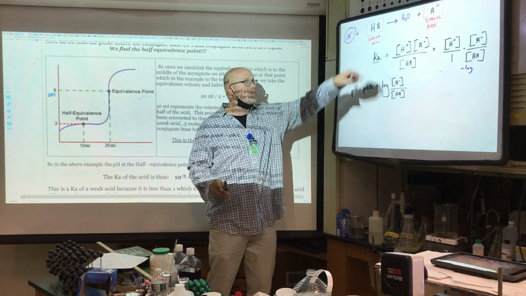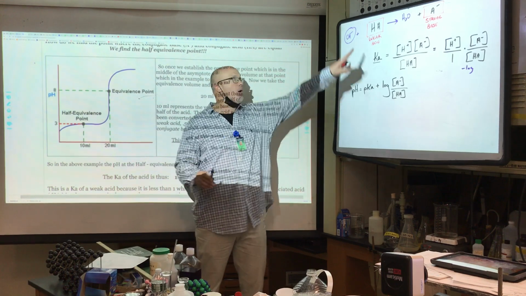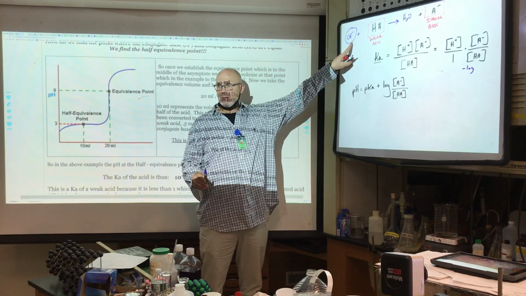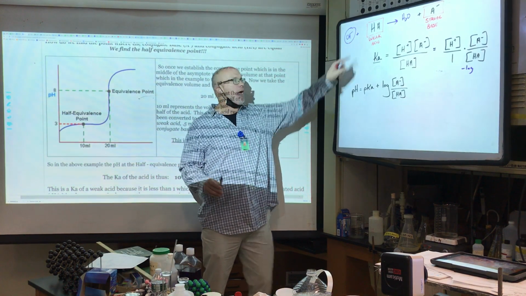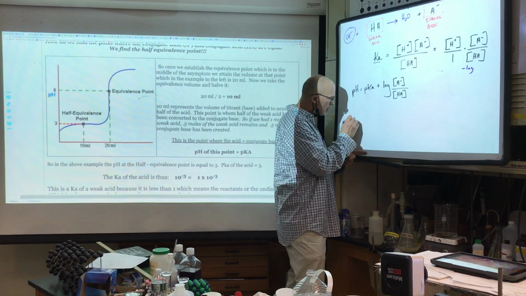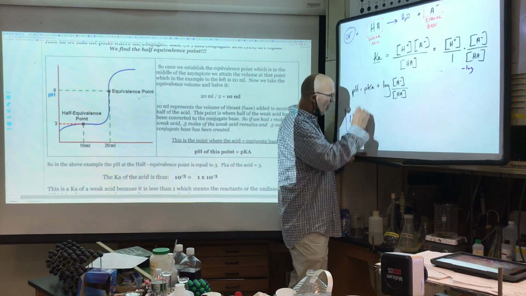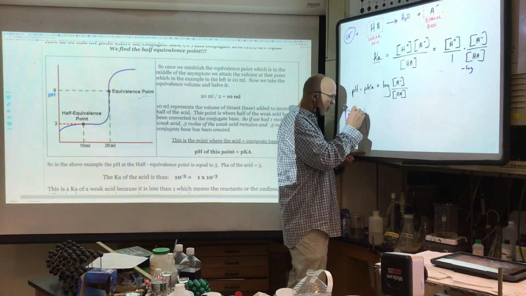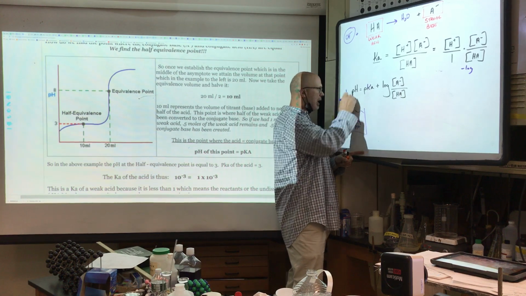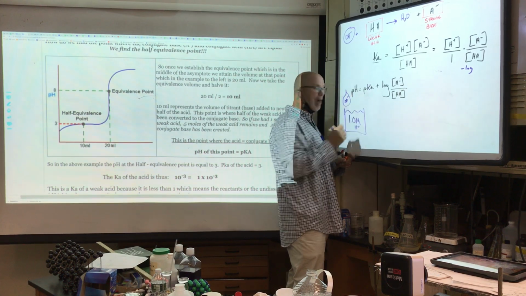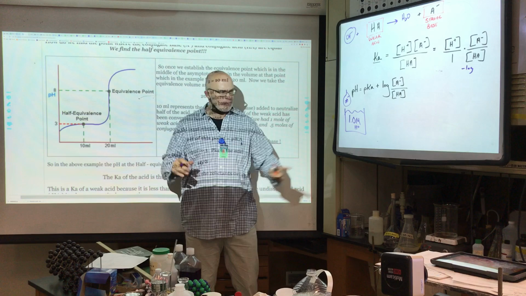If I start with 1 mole of acid, how much of the base do I have to add? If I have 1.0 mole of H plus in my beaker, how much hydroxide do I have to add to half neutralize that?